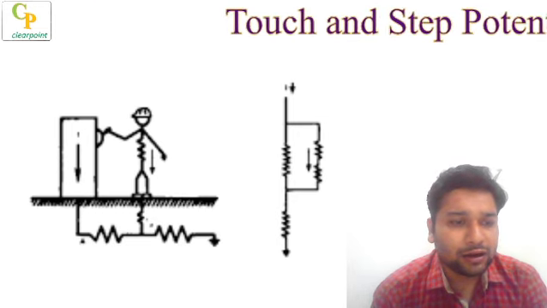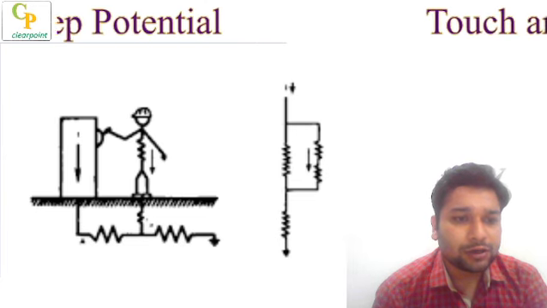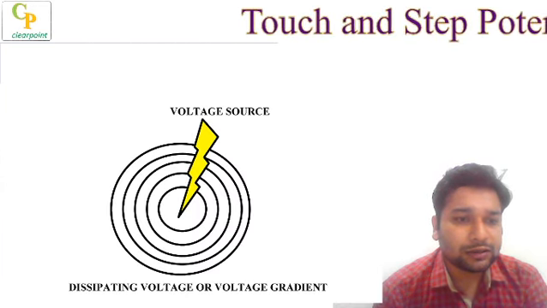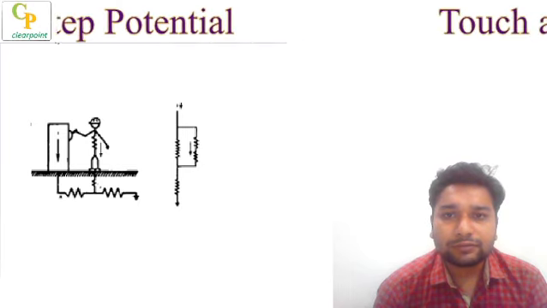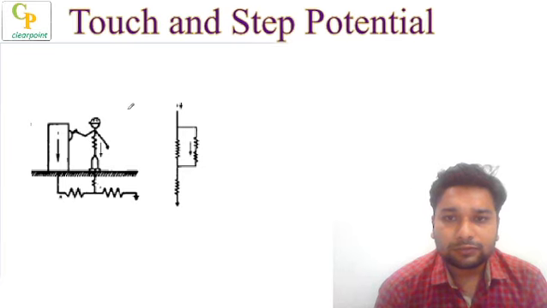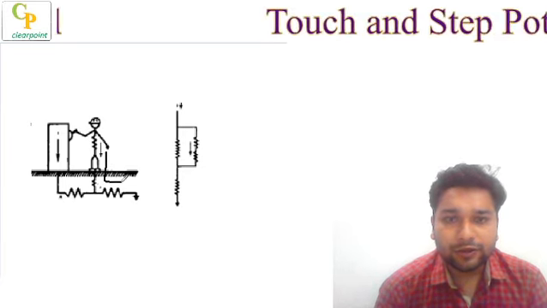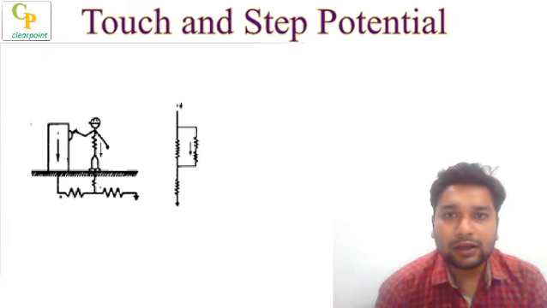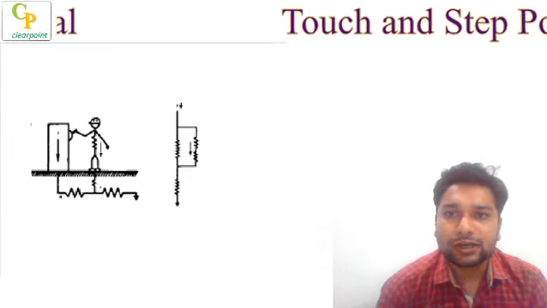If I want to show you in terms of resistance, see here, this is the path in which we are going to have a passage of current. Let me change the color.